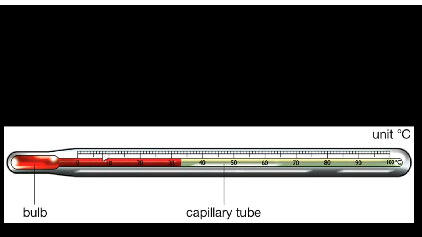Here 10 divisions are in between it. 1, 2, 3, 4, 5, 6, 7, 8, 9 and 10. So now students, if you see, 10 divisions are covered, 20 divisions are covered, 30 divisions are covered, 31, 32 and 33. So the temperature on this thermometer is 33 degrees Celsius.